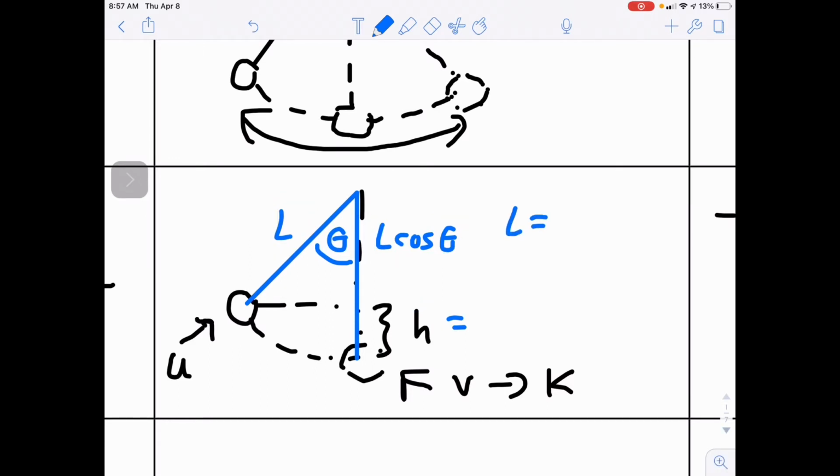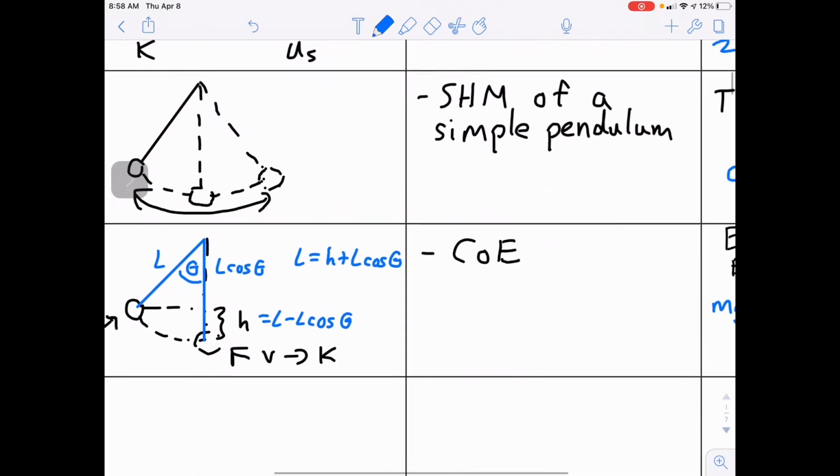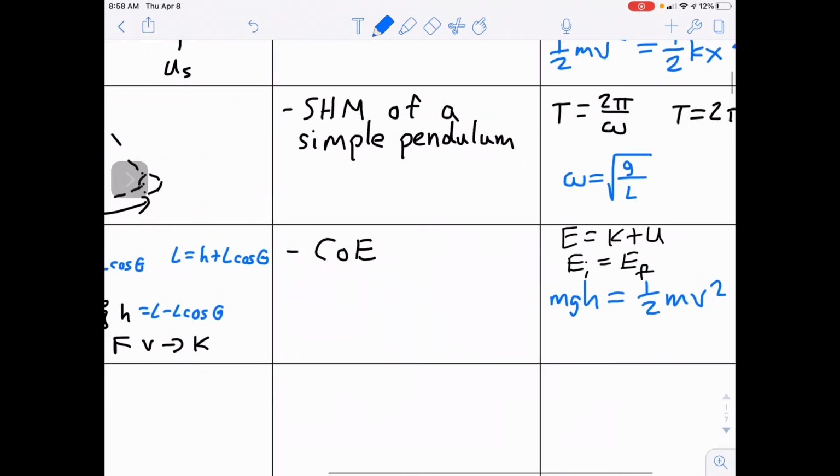So L equals h plus L cosine theta. Therefore, solve for h, it's L minus L cosine theta. But of course, you could factor out an L in the process, and this becomes mgL times the quantity of 1 minus cosine theta, right?